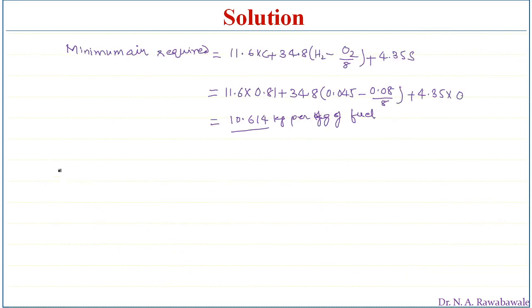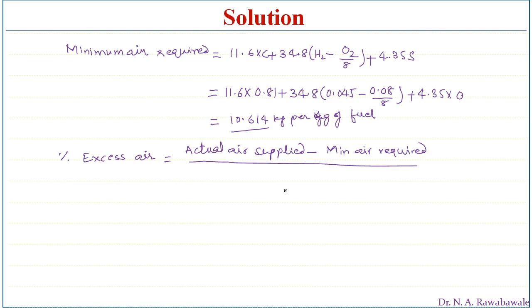So the percentage of excess air supplied is equal to actual air supplied minus minimum required, everything per kg of fuel, divided by minimum air required, into 100.